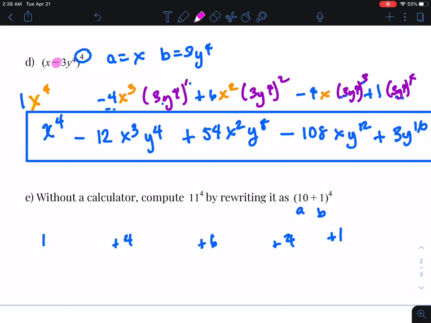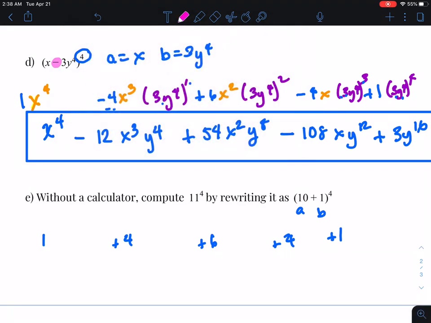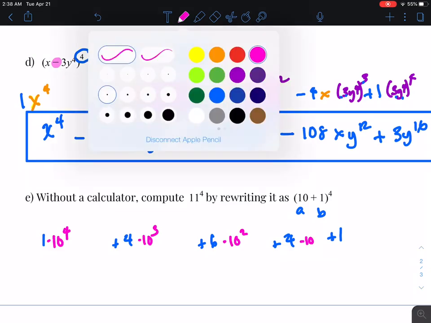Okay, our A, of course, is just 10. So that's 10 to the 4th, 10 to the 3rd, 10 squared, 10. B is just going to be 1.